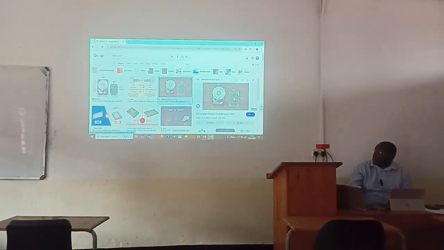These are the silicon chips. Even the RAM we're talking about works on the same principle. If you are storing on an SSD, it's also faster to access, but of course not compared to RAM.